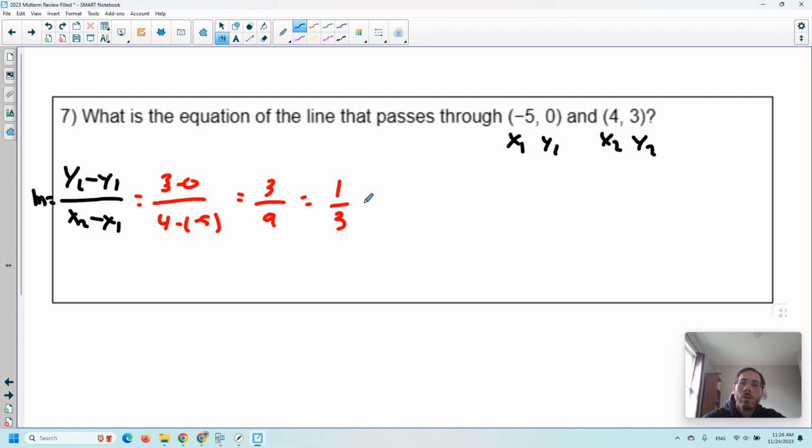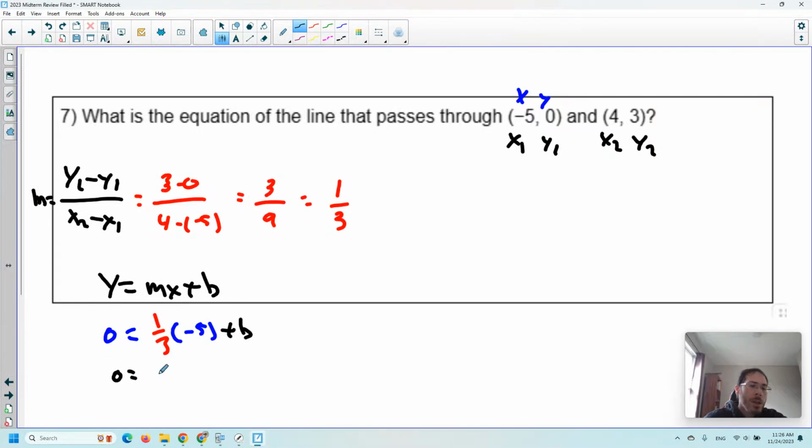And then we can use y equals mx plus b. And we're going to use our first point and our slope. So 1/3 is m. And we're going to use this one as x and y. So we get 0 equals 1/3 times -5 plus b.